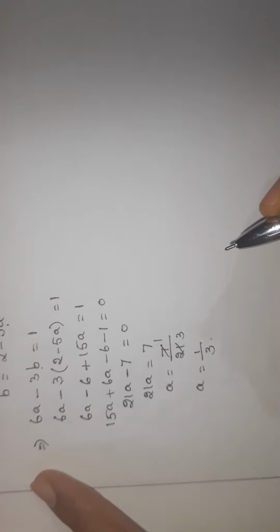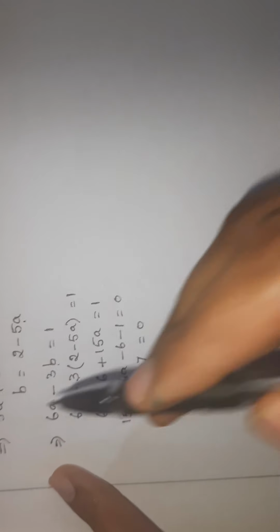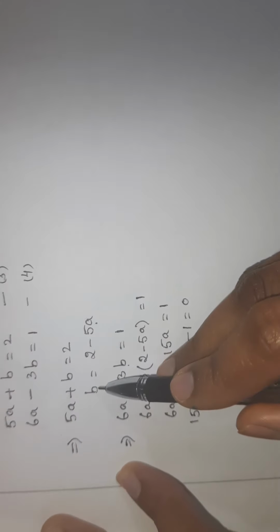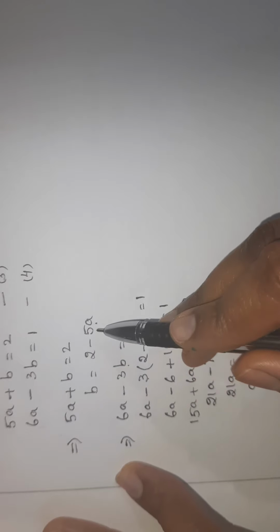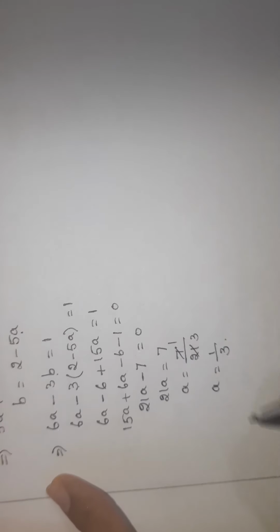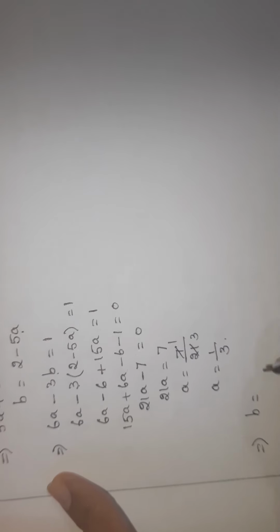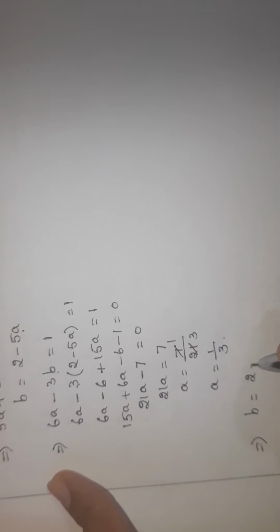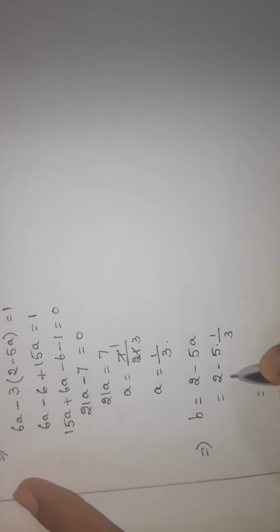Now we have to get the b value also. What is the b value? Already we have here, b is equal to 2 minus 5a. In that if we substitute a, then we will get the b value. Now b is equal to 2 minus 5a, so 2 minus 5 into 1 by 3. So here there is no denominator for 2, and here it is 3.